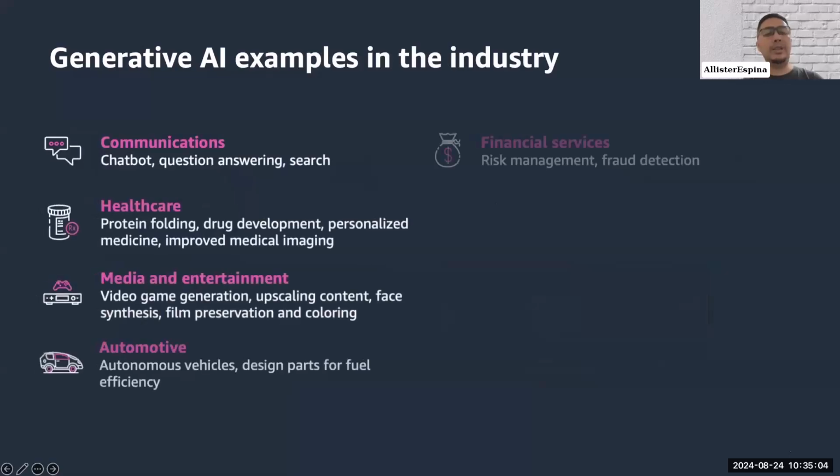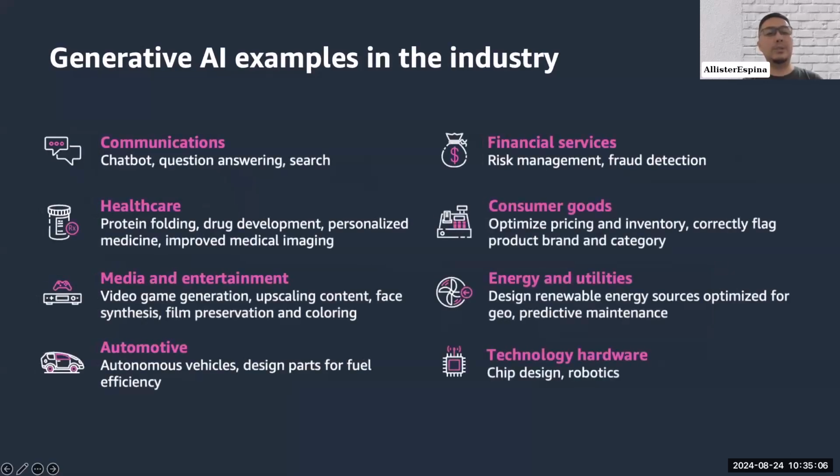And then in industry, this is how Gen AI is being used. We have communication for chatbot, question and answering, media and entertainment, so video game generation, and even simple marketing collaterals. You can have the Gen AI build the marketing images for you, even write the write-ups, the marketing collaterals for you, and so on and so forth. A lot of use cases.